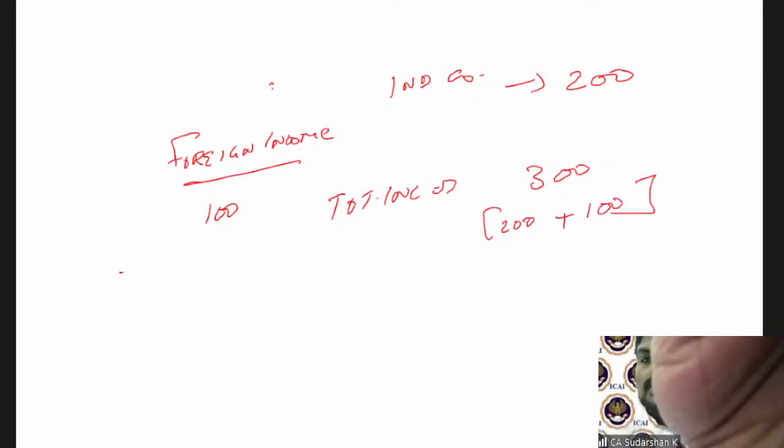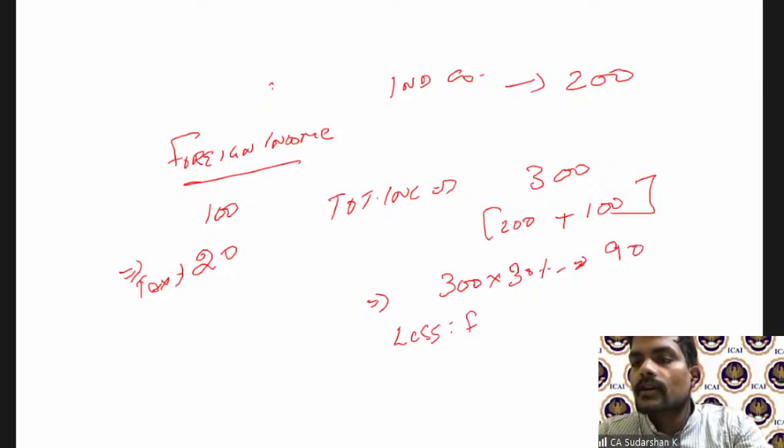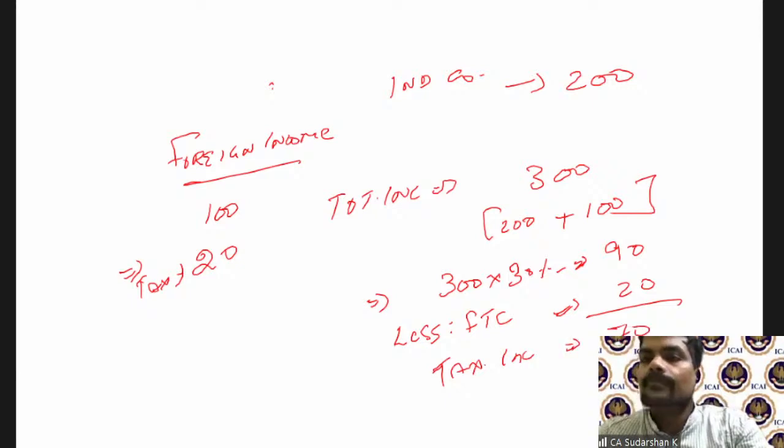Now, in the foreign country, you have suffered a tax of 20. What happens normally in India is, for this 300, let's say 30% average tax, 90, less foreign tax credit of 20. So your total tax payable will be 70.